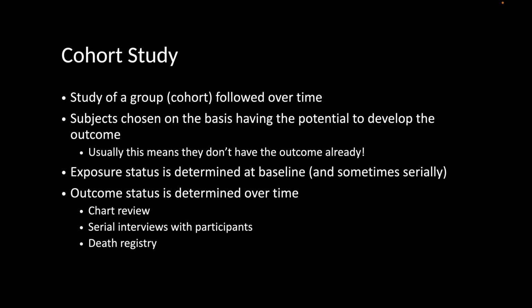If death is your outcome, you can simply look at the death registry and see who has died and who hasn't. So there's, again, a variety of ways of looking at outcomes. But the key is that you're following the outcomes over time, starting with people who don't have the outcome at baseline.